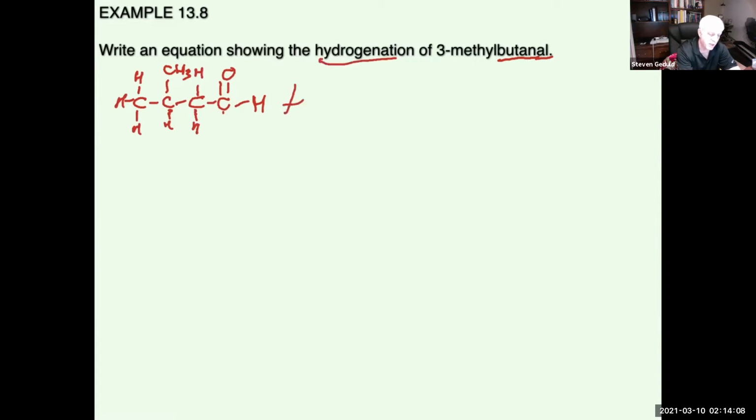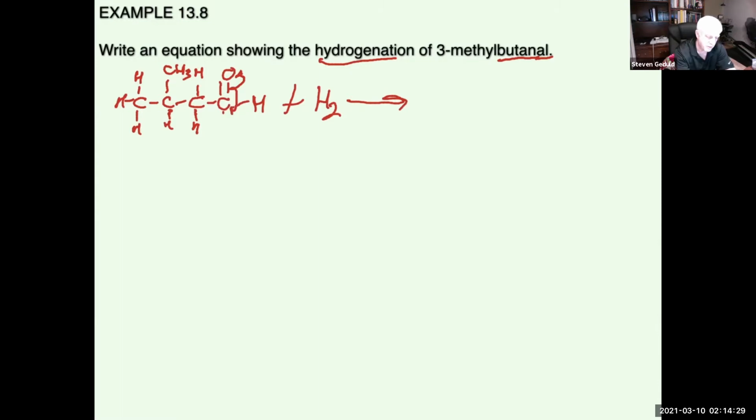Hydrogenation means we're adding hydrogen, H2. So again, this double bond is going to open up right here. Electrons go to the oxygen and to the carbon, which allows hydrogen to attach at each end of the double bond.